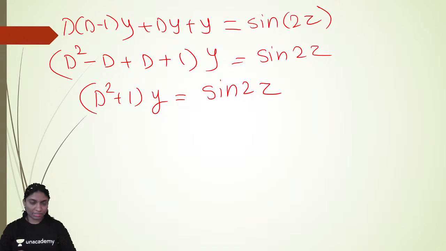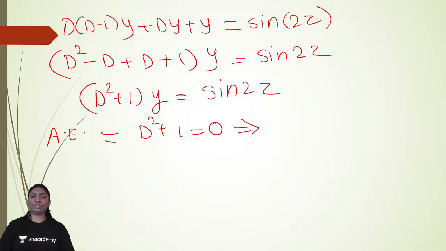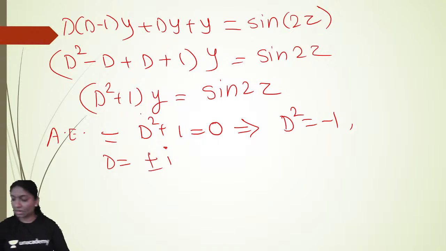Now let's start. The auxiliary equation is d square plus 1 is equal to 0, which implies d square is equal to minus 1, which implies d is equal to plus or minus i. So the roots are complex.